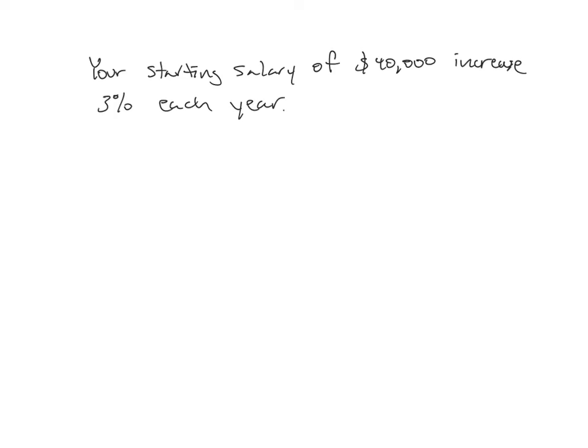Okay, so if we go back, the A is the initial amount, so your starting salary, here's our A, and then here's our R. And so when we write it in, we would say 40,000, and this is 1, and then we need to change the percent into a decimal.